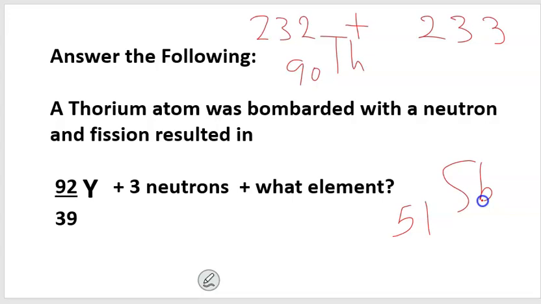So antimony here has 51 protons, and 51 plus 39 gives my 90 protons. What is going to be the atomic mass of that isotope of antimony? You can't look at the periodic table. Starting with 92 in yttrium, plus 3 neutrons, that's 95. And if I subtract 95 from 233, that'll tell me what the atomic mass of my antimony is.